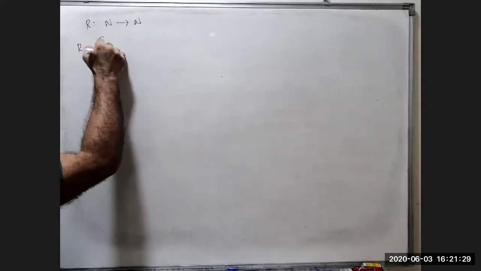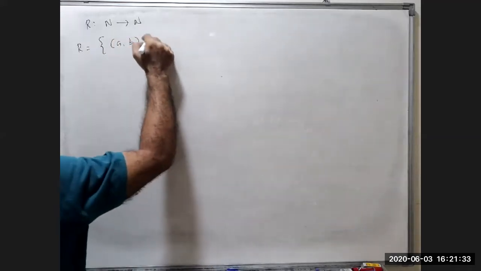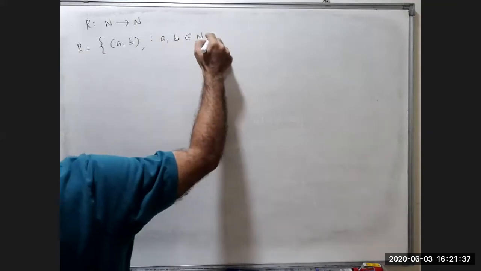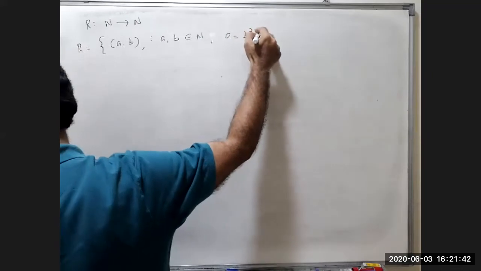And R is defined as ordered pair AB such that A and B are natural numbers and A is equal to B squared.